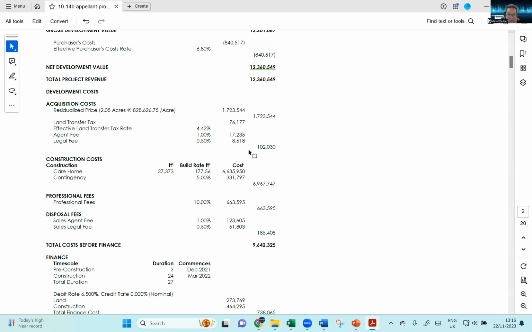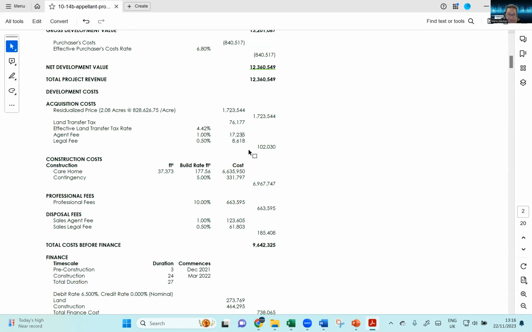And then everything, I think, gives us the total amount spent on the land, which is 1.8 million. Construction costs, so we have here a construction cost of 177, and then this is what we put here, 177, and then they put here your area, 37,000.